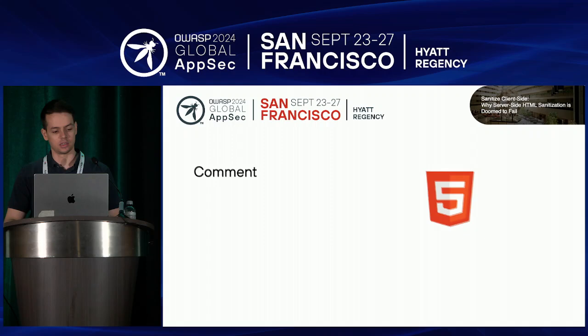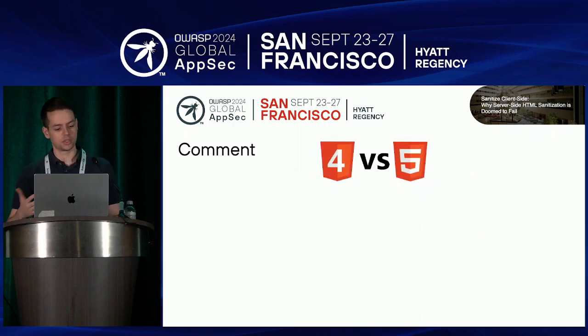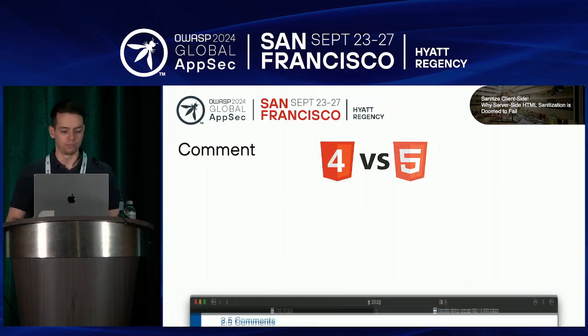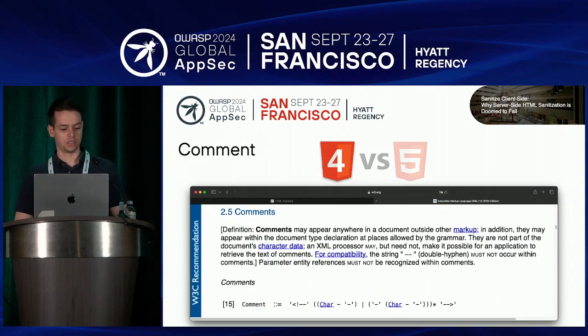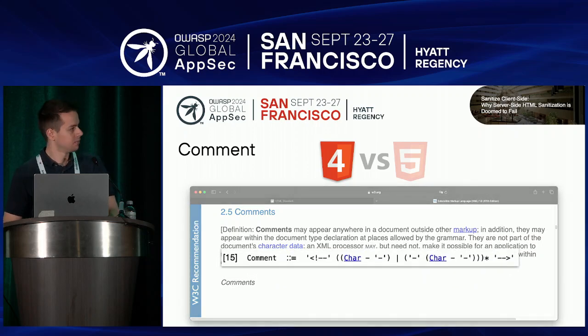The first one, let's take a comment, and let's see how it looks between those versions. So in the previous version, HTML4, if you pull up the documentation and see how it should be done, a comment should be started with the following string and ended with -- greater than sign. Pretty understandable, pretty straightforward, everything is great.